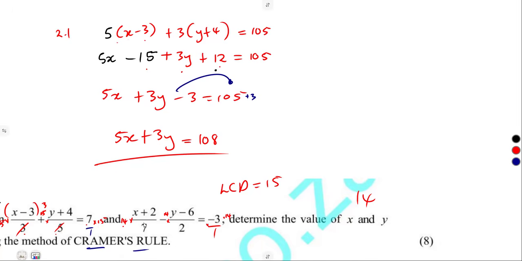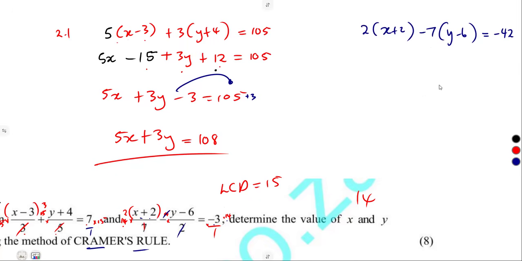So 14 divided by 7, that's a 2. So it's going to be 2 into x plus 2, all right? Then here 2 and 14 is going to be negative 7 if you divide, into the bracket of y minus 6. So that's equal to negative 3 times 14, which is negative 42.